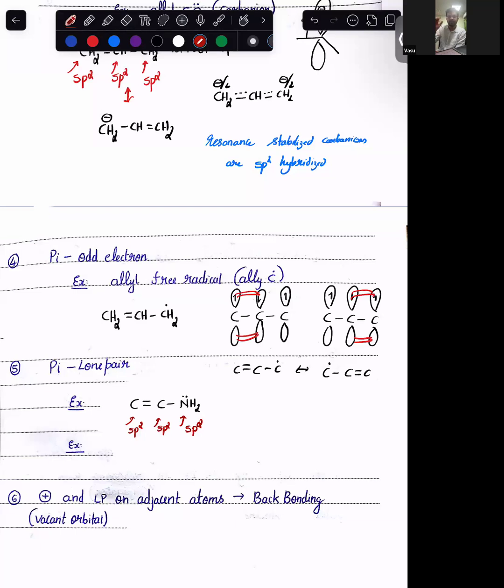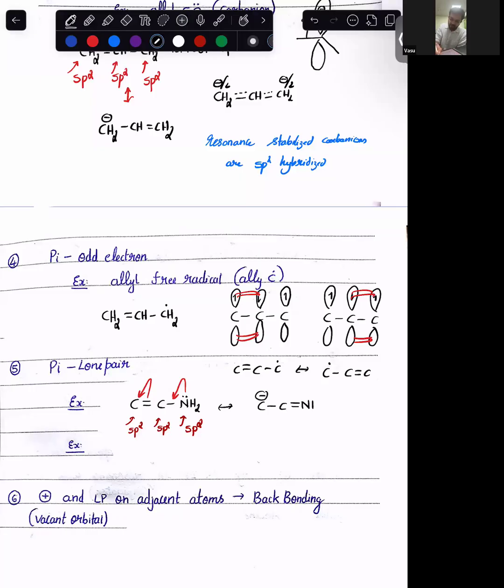If it is present in parallel orbital, it can be distributed or merged, right? So you can draw the resonating structure as the lone pair is converting into pi bond. The pi bond breaks onto carbon. C bond C. You have a negative charge here, double bond.